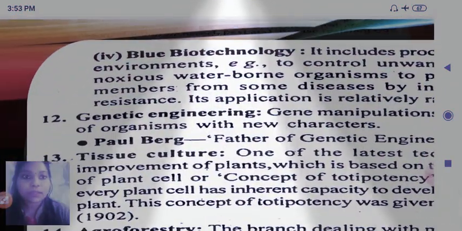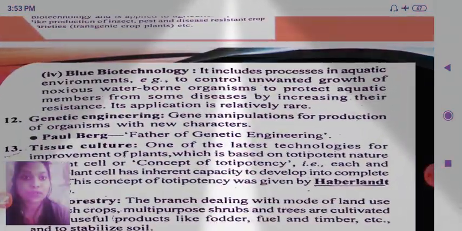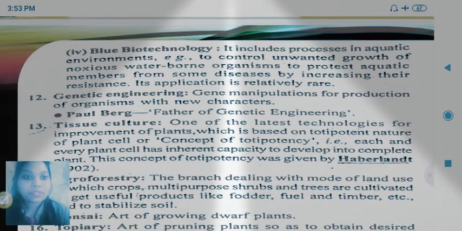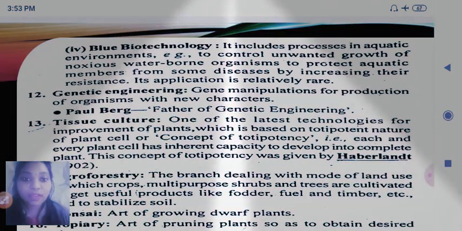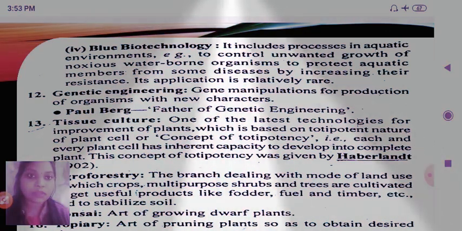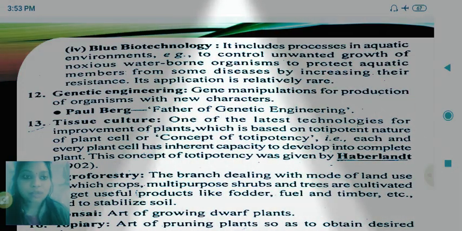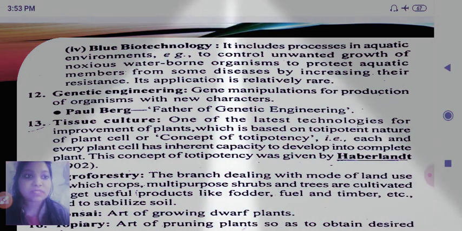Then blue biotechnology. What do we mean by blue biotechnology? Blue biotechnology includes processes in the aquatic environment, in water, underwater, or in the case of waterborne organisms, to protect aquatic members, to control the unwanted growth of noxious waterborne organisms, and to protect aquatic members from some diseases by increasing their resistance.